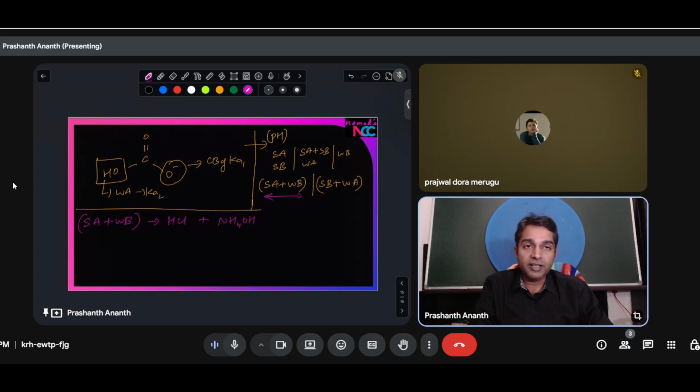Let's take this as C1, and this as C2. Case number 1 is if C1 is greater than C2. What will be happening there? In that case, C2 will be fully consumed, it will be the limiting reagent, and I will have HCl left over plus NH4 plus Cl minus.